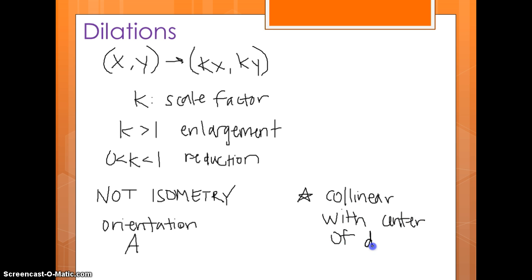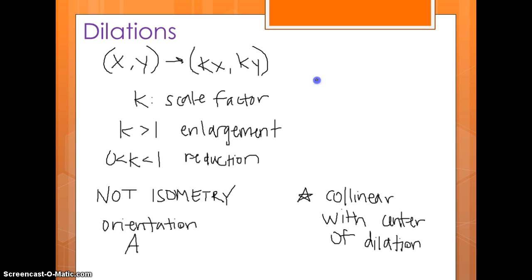We talked about our center of dilation being the origin. So if we had A and A prime, and we drew a line from the origin through A and A prime, they'd all be on that same line. And the last thing we want to remember with dilations is if we're asked to find our scale factor. Sometimes it'll give you a scale factor and the pre-image and you have to find the image, but sometimes you might have to find the scale factor given the pre-image and image.